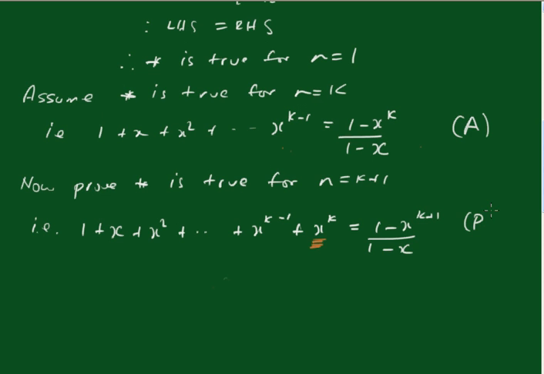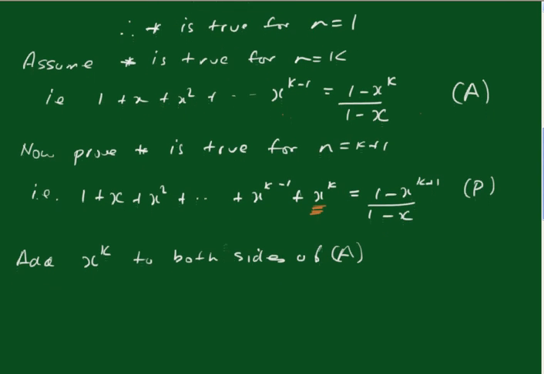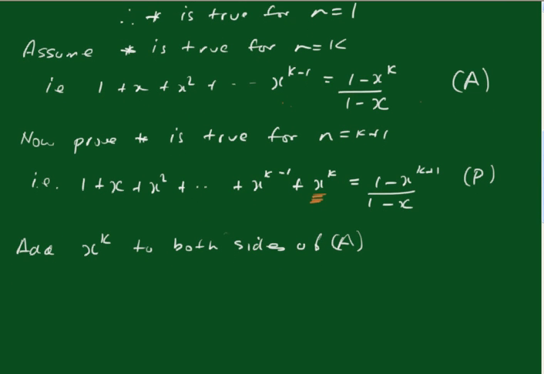That's our P. So I'm going to add x to the k to both sides of A. So I've got 1 plus x plus x squared plus up to x to the k minus 1 plus x to the k equals 1 minus x to the k over 1 minus x plus x to the k.